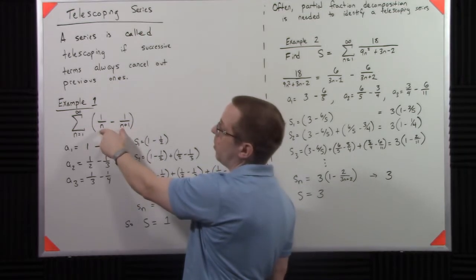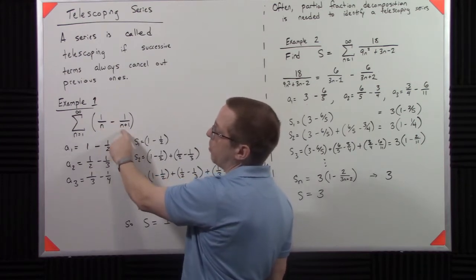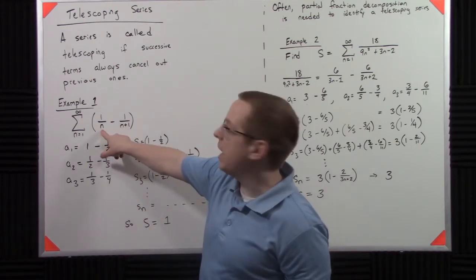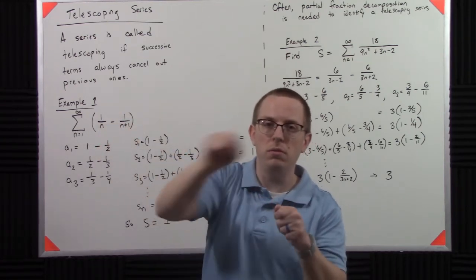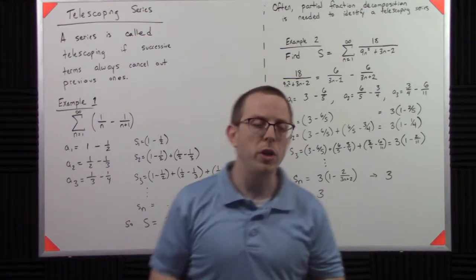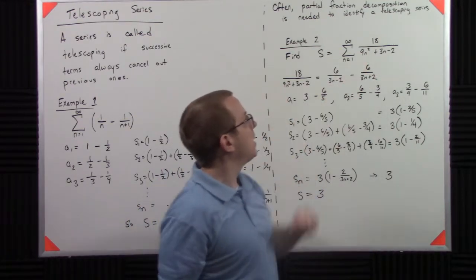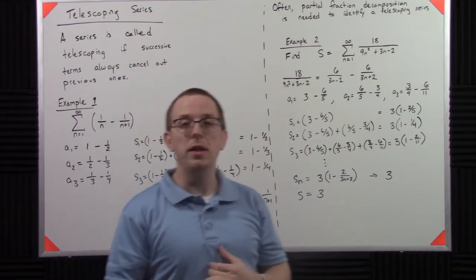It starts at 1, this is 1/2, it's the other way around. This is lagging behind that. In the next term, this is 1 ahead, so it's always going to be chasing it. But that may not be readily apparent when you look at something like this: 18 over 9n squared plus 3n minus 2. That just looks nasty, right?